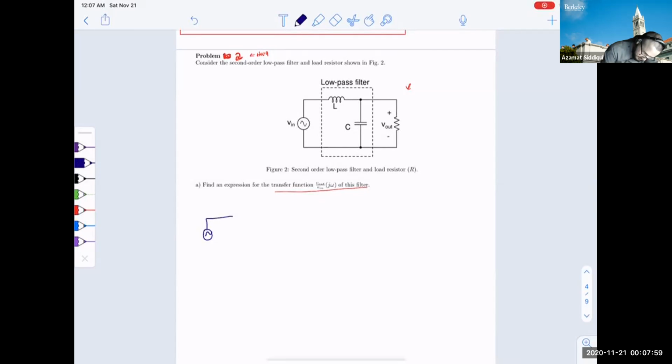We're going to write the impedances of each one of these. C becomes 1 over j omega C, L becomes j omega L, and that would be a value of R. So I'm just going to write R right here, since these two are in parallel.